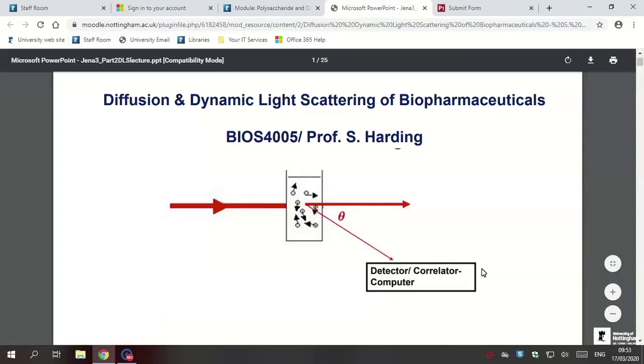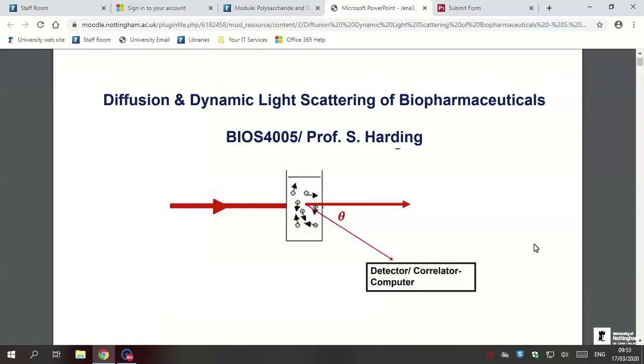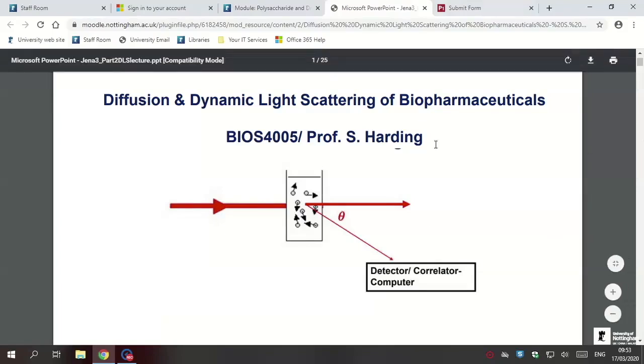Anyway. Okay, so DLS, you just put your solution in these little pipettes, like you get with spectrophotometers. There are variants of that. You've got flow cells and things with some of them. And like with the conventional light scattering we talked about in BIOS4005, you have a solution of your molecules, or your biomolecular assemblies.